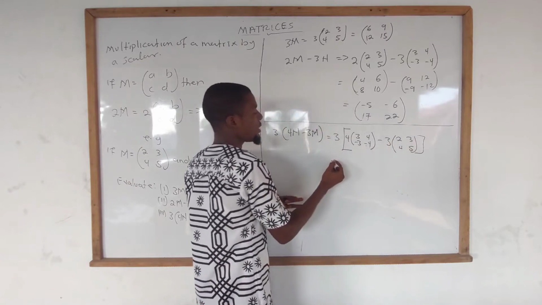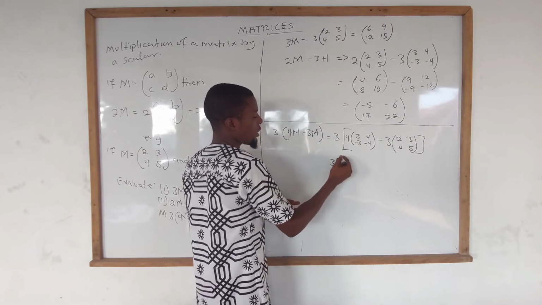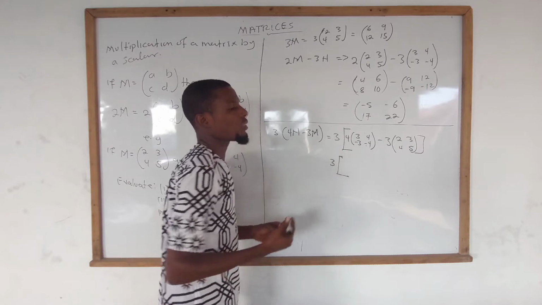Let's simplify what's inside the bracket first, then multiply by the number outside.